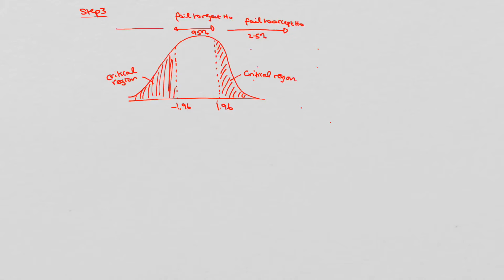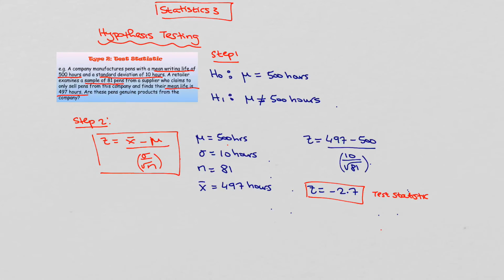If I go beyond in the other direction, we also fail to accept the null hypothesis, and this is also 2.5%. We draw this graph every time we're doing our test statistic so that we can clearly identify where our test statistic lies.